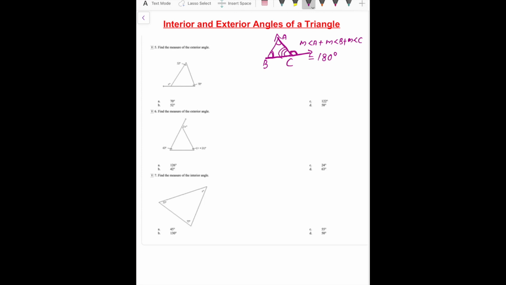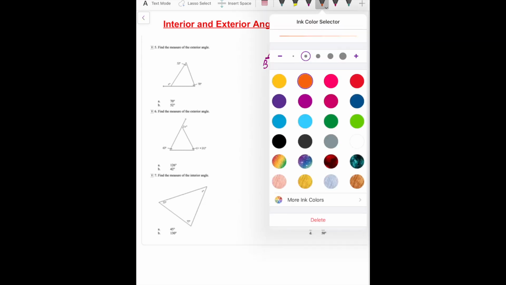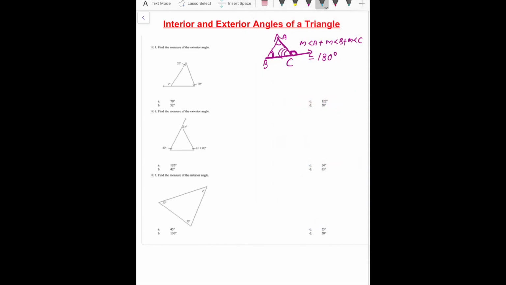This angle makes 180 with this angle because they are linear pairs. So let me pick another color. This angle is 180 degrees because that's a line, a straight angle. So this and this will make 180 degrees and these 3 are making 180 degrees.